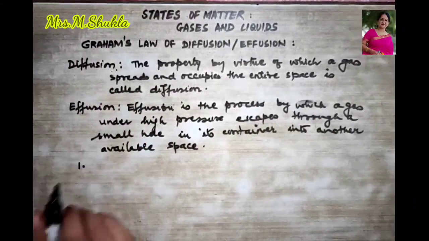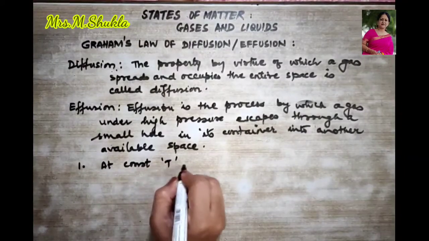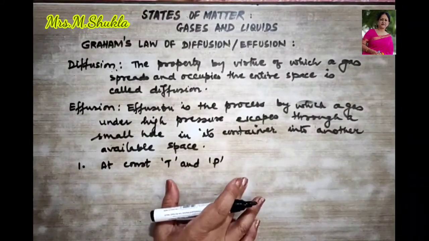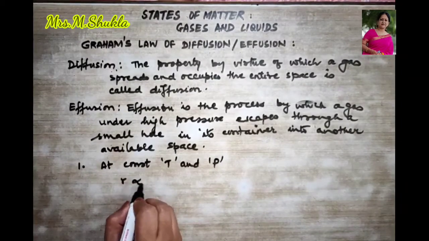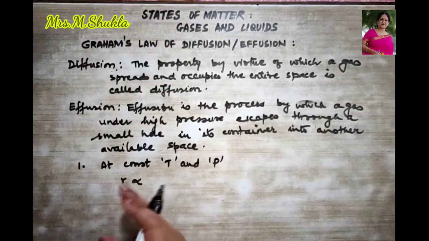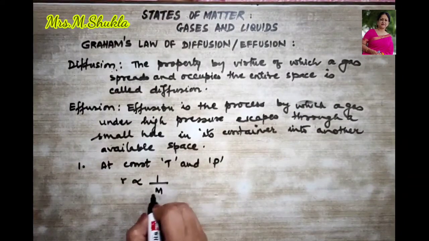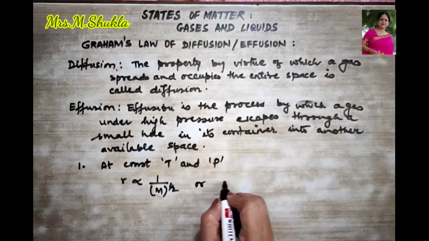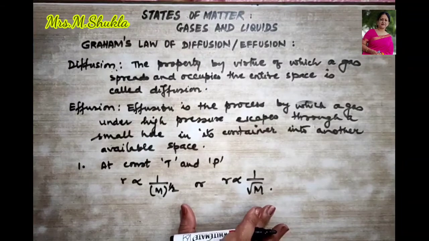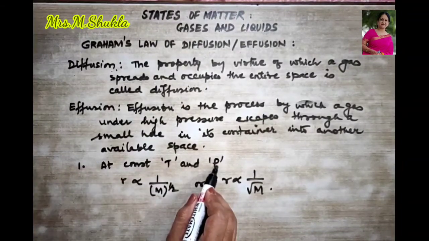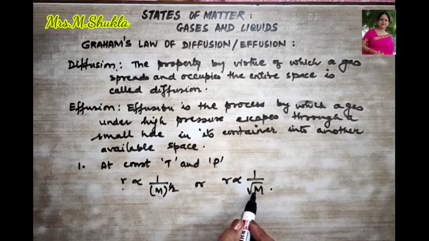So the rate of effusion is proportional to 1 upon the square root of the molar mass, which I can write as 1 upon under root M. I repeat: at constant temperature and pressure, the rate of effusion of a gas is inversely proportional to the square root of the molar mass.